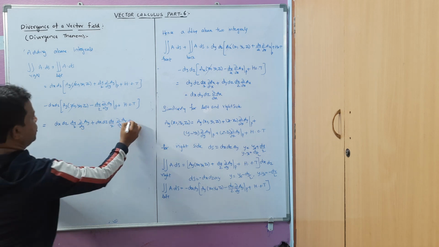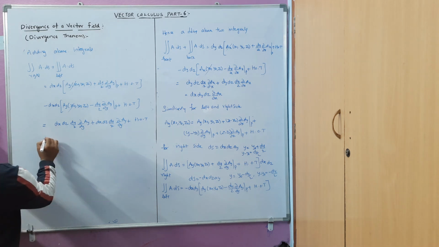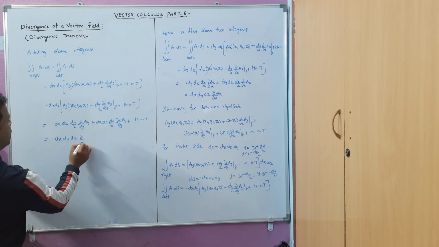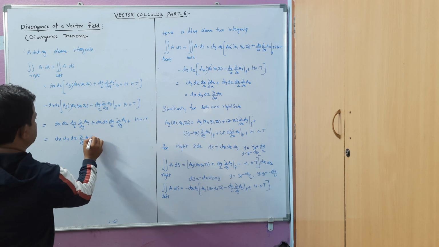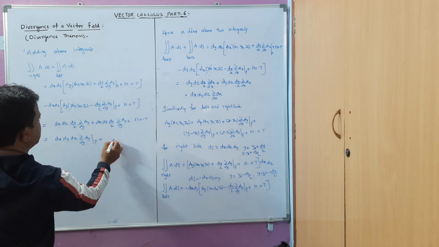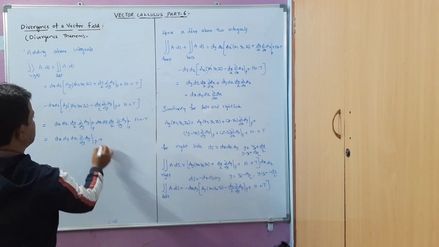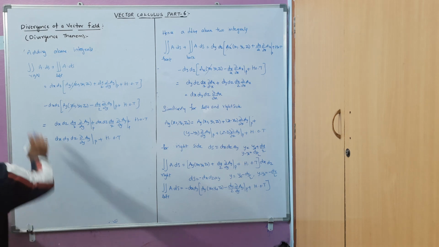So plus higher order terms, you can write dx dy dz dou y of ay at point P, and higher order terms. So this is for left and right.